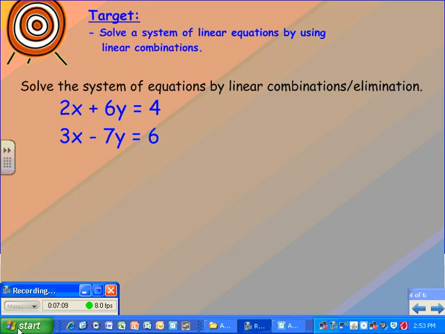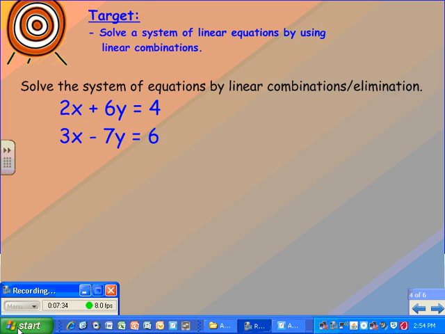So I decided that I'm going to eliminate my x's in this system of equations. So I'm looking at the coefficients 2 and 3, and I'm thinking in my head that 6 is the smallest number that both 2 and 3 can go into. So I need to make my coefficients in my x terms, one has to be 6 and one has to be -6, so that I can make 0 out of them and eliminate that.